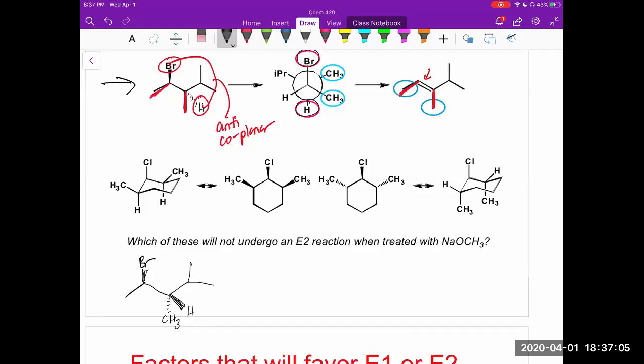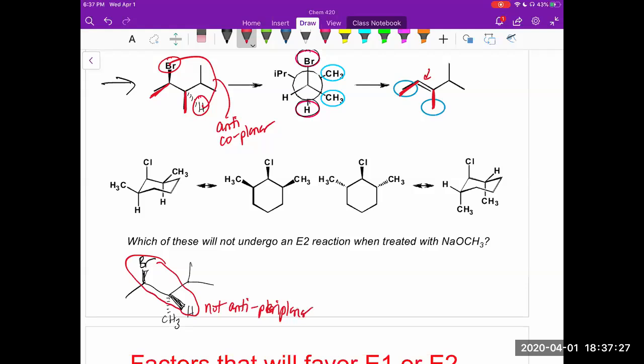You would need to switch them. So as it stands, just like I've drawn it, these guys are not anti-periplanar. Co and peri, by the way, they mean the same thing. And so like it is, it's not going to go.